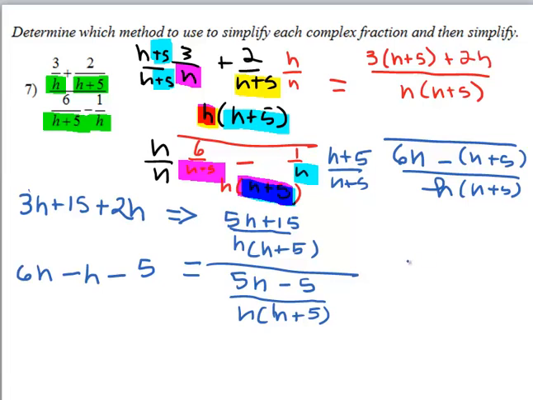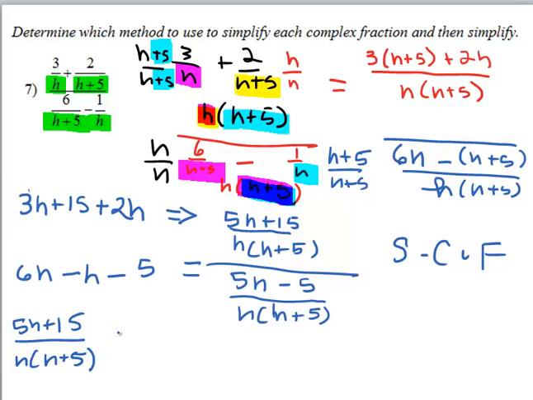So it's going to turn out to be a regular, old-fashioned fraction division problem. So I'll do stay, change, flip. So the top one's going to stay the same. 5h plus 15 over h times h plus 5 times the reciprocal of this.